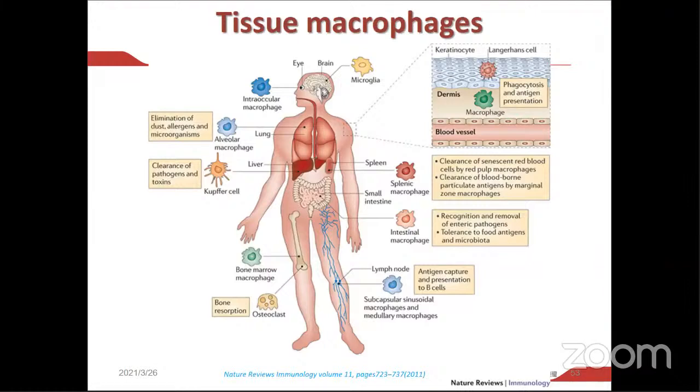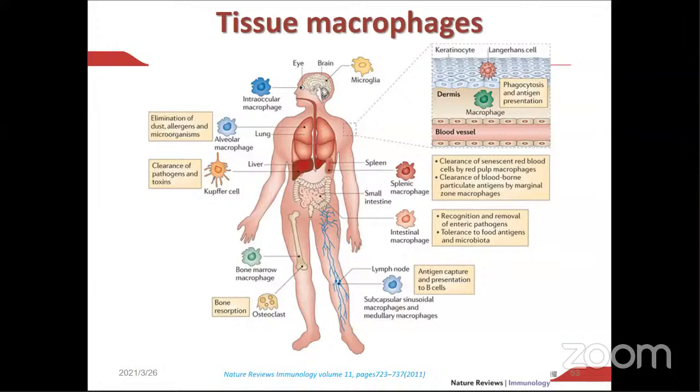The next one, I'm going to show you another set of innate immune cells in innate immunity. Okay, that's the macrophage. In the bloodstream, in the inactivated form, I'm really sorry, we call them monocytes.